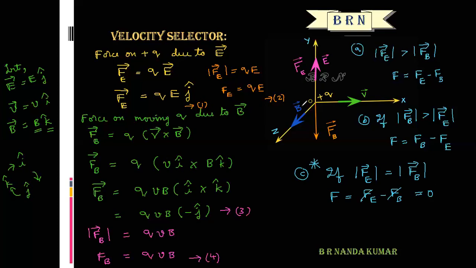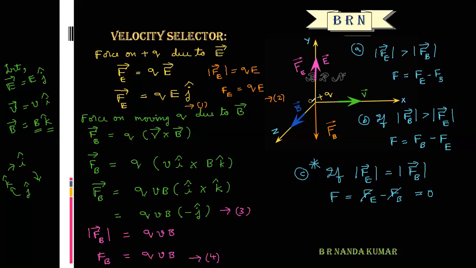Okay. Electric field strength is more than the magnetic field strength. In that case, the magnitude of FE vector is more than the magnitude of FB vector. So if a charged particle enters the presence of both the electric and magnetic field, the net force acting on charged particle is FE minus FB, moving along the positive y-axis, because here electric field strength is much stronger.